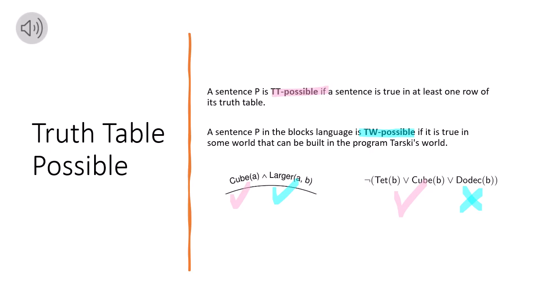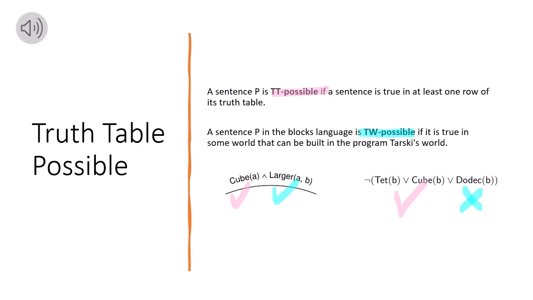Okay, so we have two examples here. One is from our previous diagram. That was that sentence out there on the top. Notice that it has two atomic sentences, cube A and larger AB. And so if we were to construct a truth table for it, it would have four rows. And in particular, there would be a row where cube A was true and larger AB was true, and so their conjunction would be true.